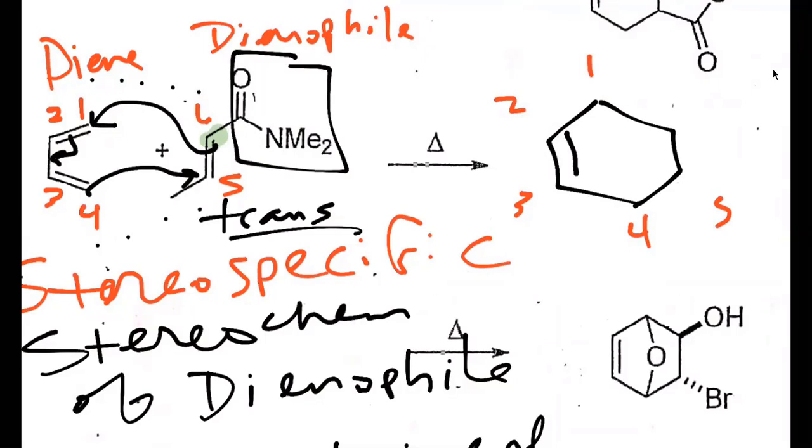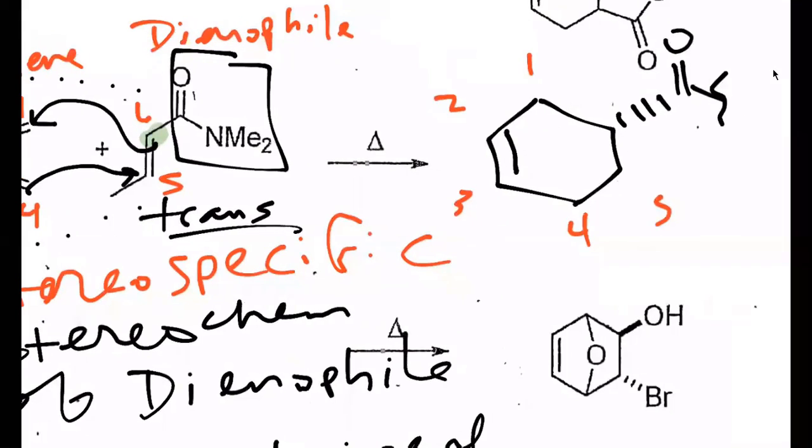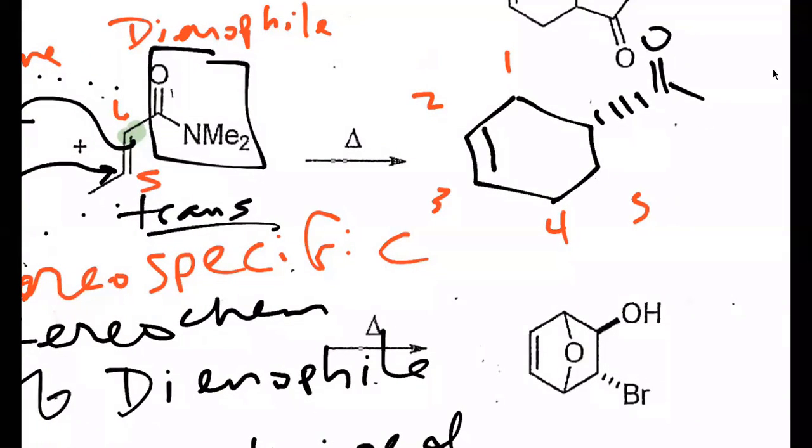But the key is that they have to be trans because they were trans in the starting material. So I'm going to put that on a dash. Let me scroll over so I can write that nitrogen in. So that's on a dash.